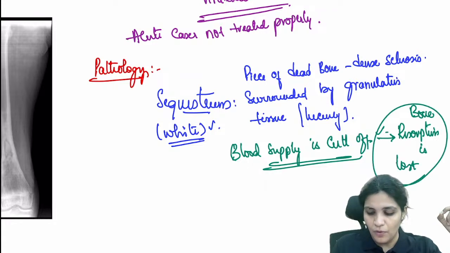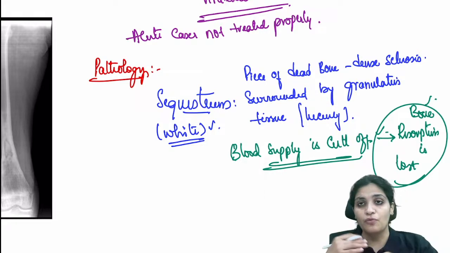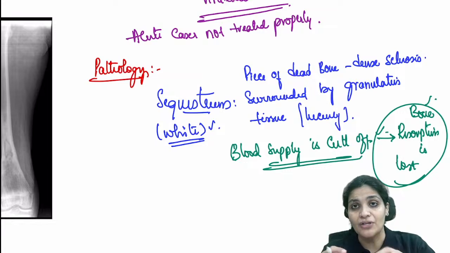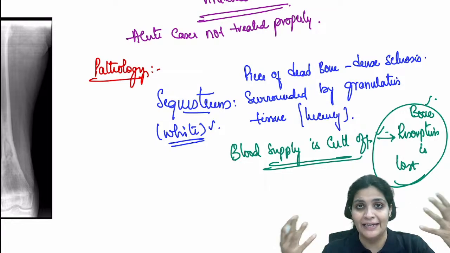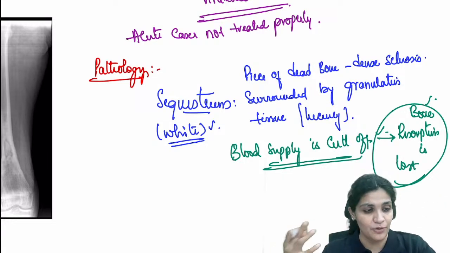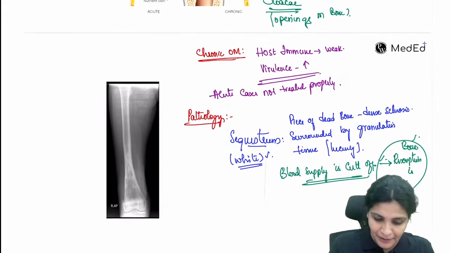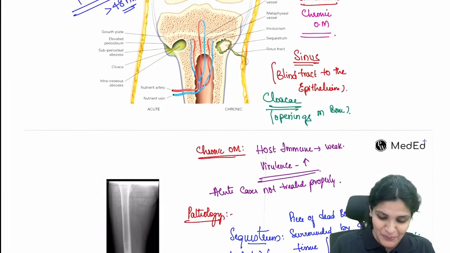Bone is a dynamic structure, right? There is bone formation and bone resorption. Whenever the blood supply is cut, the resorption is lost, and then it appears as dense sclerotic bone, right? Is that clear? So that is about the sequestrum.